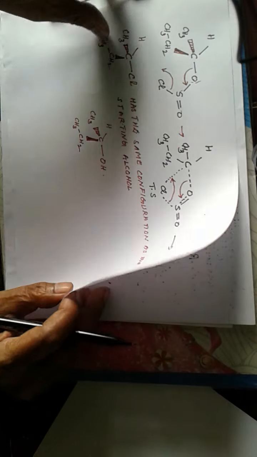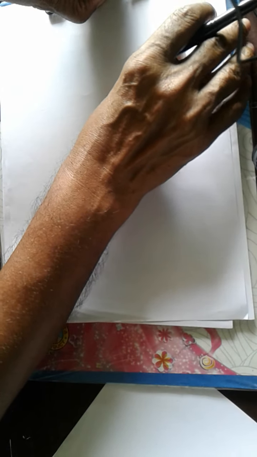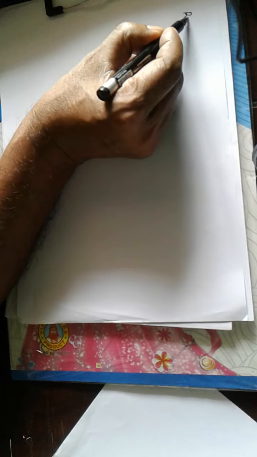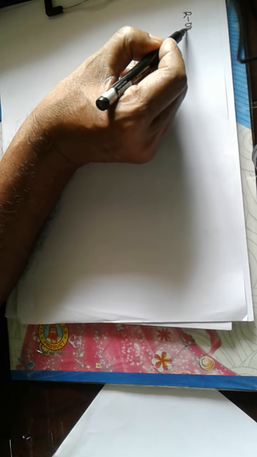Retention in configuration. Now coming to the preparation of alkyl bromides and alkyl iodides. Alkyl bromides can be prepared by the action of red phosphorus and bromine on alcohol. So alcohol is reacted with red phosphorus and bromine.